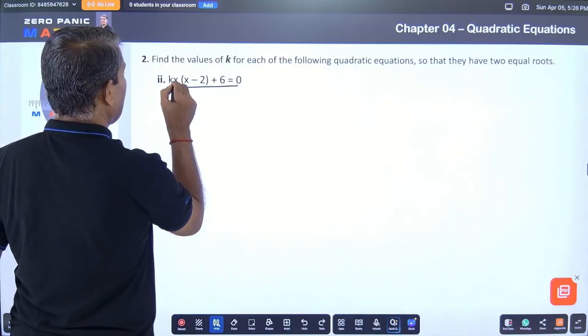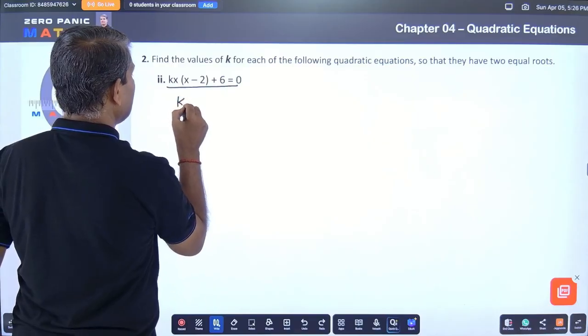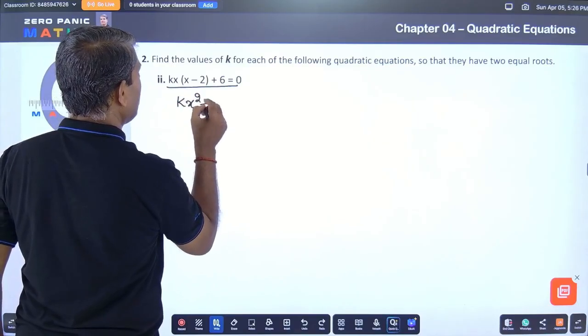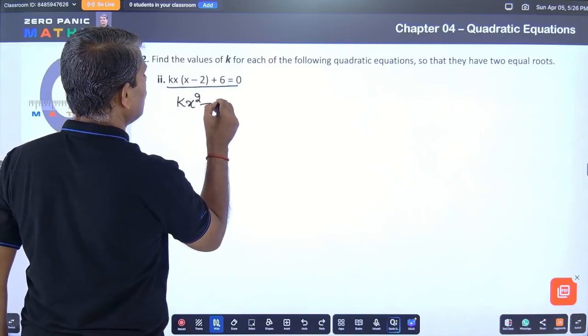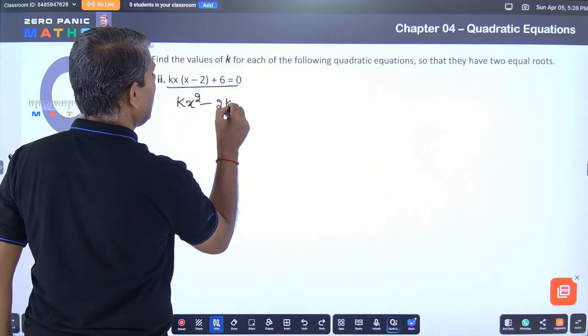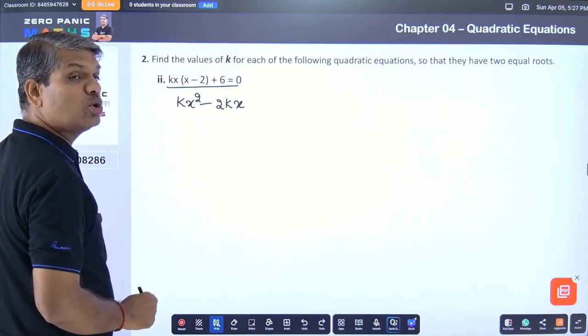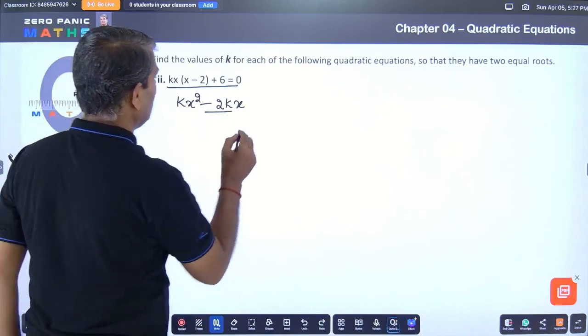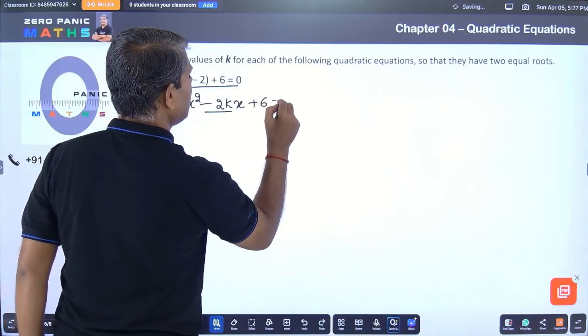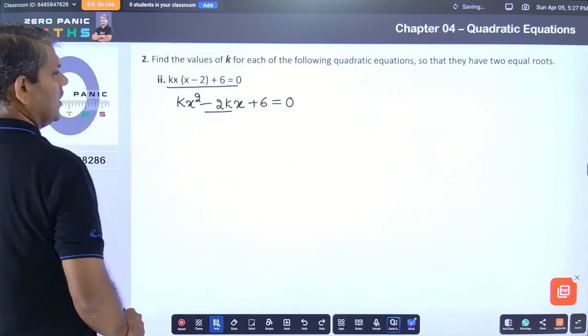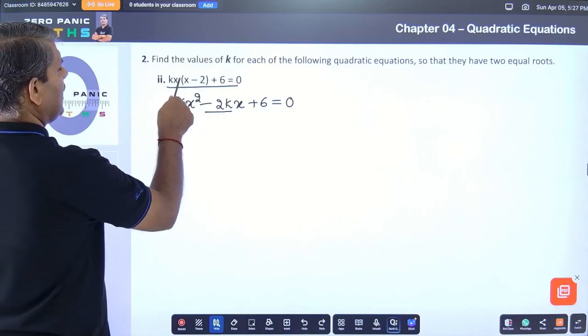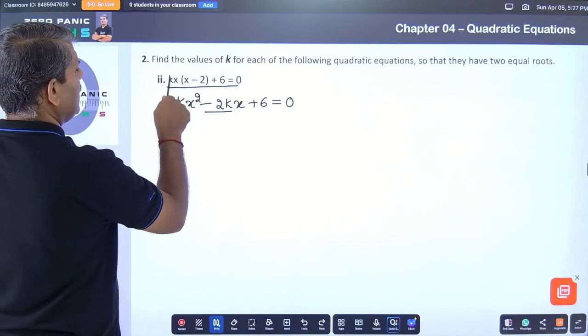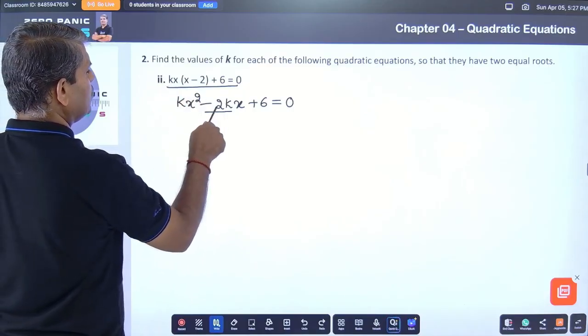So kx into x is kx square, minus kx into 2, it is 2kx. I'm writing it as minus 2kx, making minus 2k the b value, plus 6 is equal to 0. Is it correct? Kx square, kx minus 2, so 2kx.